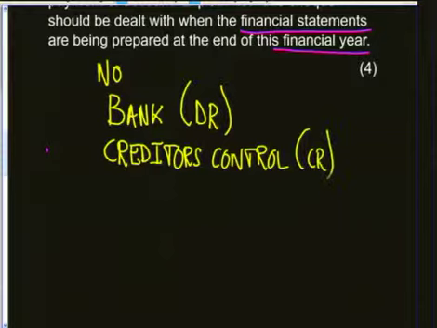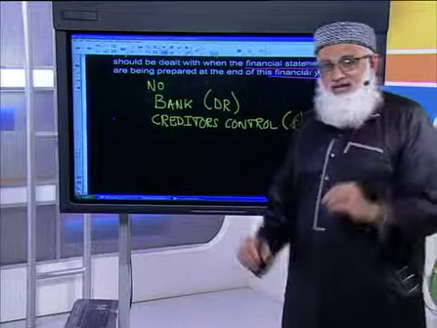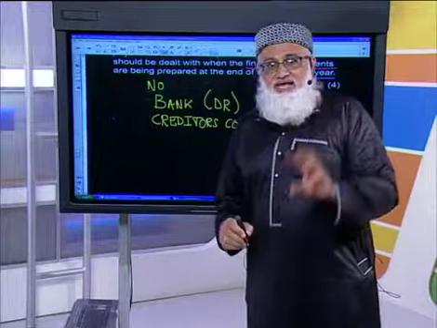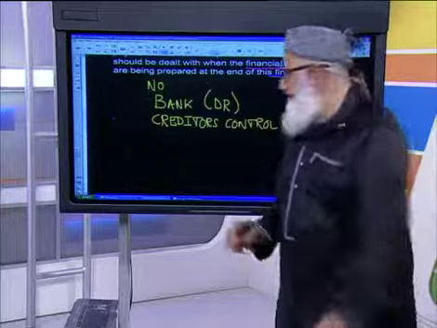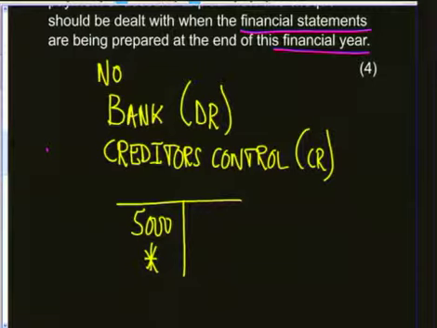Now be careful. Be very careful when you're dealing with the balance sheet. Look at your bank account. Look at the status of your bank account. Is your bank account favorable? And if it is favorable and it has a balance of 5,000 Rand, by you debiting the bank account, what are you doing? You are increasing it.